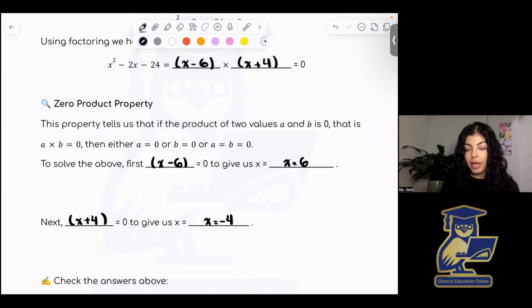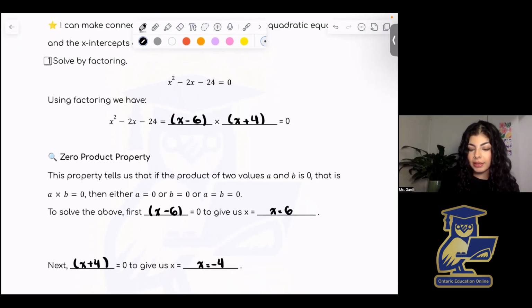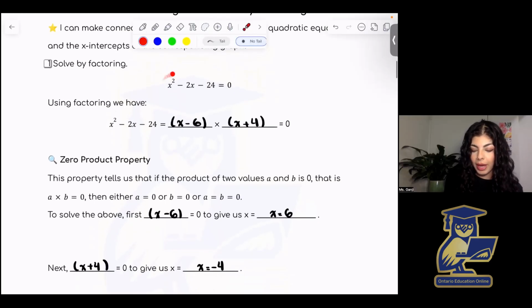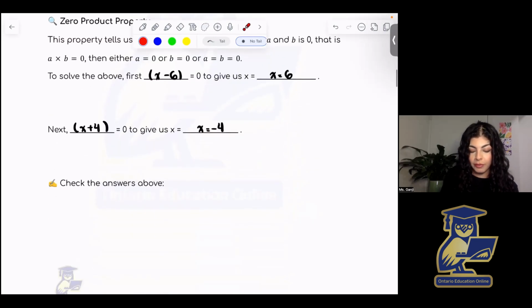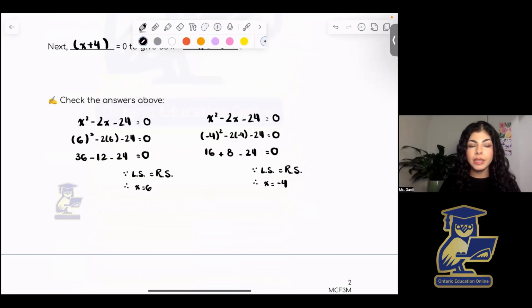Now, if you substitute the value of -4 or 6 into our original equation, x squared minus 2x minus 24, you'll see that you should get 0 for both of those. I'll give you a moment to try that, and then I'll show you my calculations. And here's the check using left side equals right side.